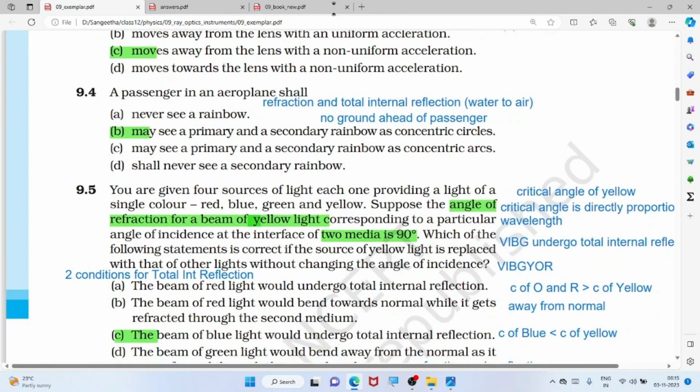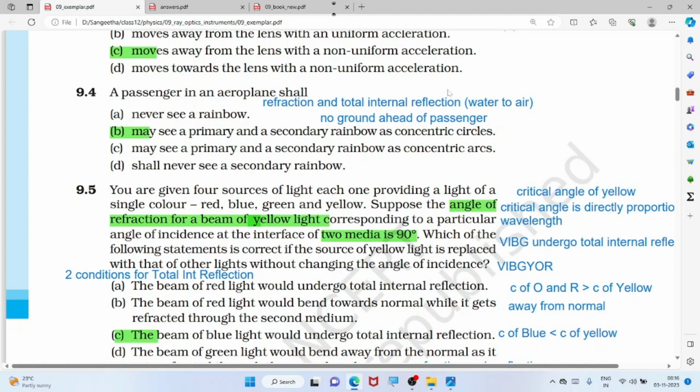A passenger in an aeroplane shall see the primary and the secondary rainbow as concentric circles because there is no reflection from the ground. Ahead of the passenger there is no ground. So refraction and total internal reflection cause this rainbow.